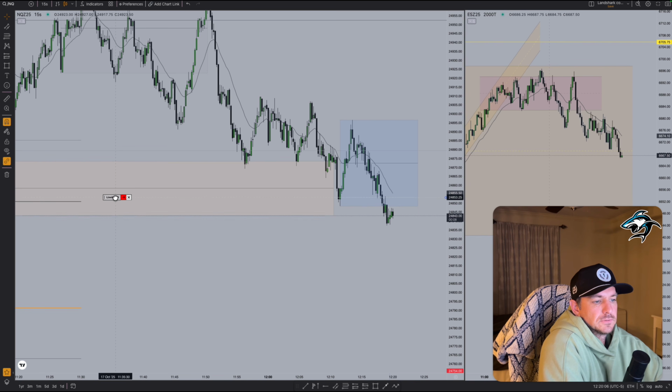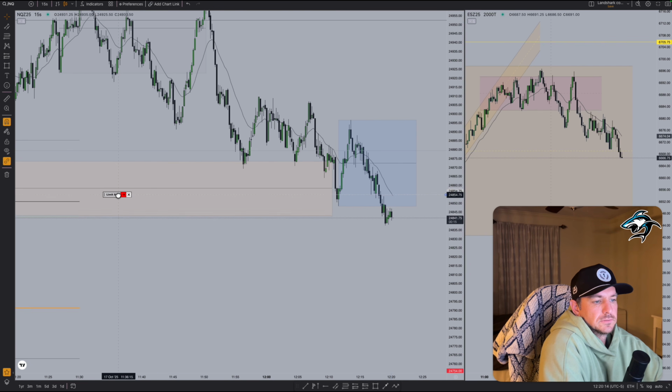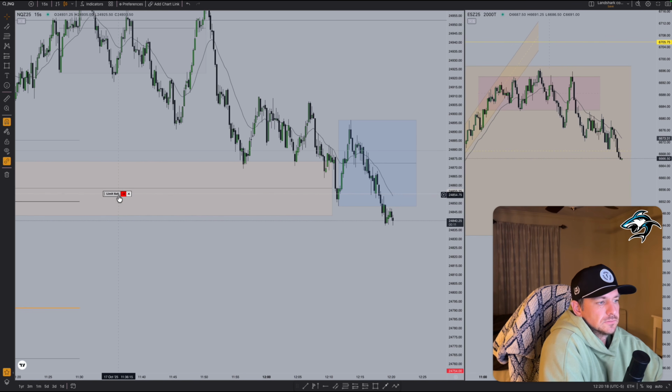This just a little bit higher. Possibly to the bottom of this green candle.